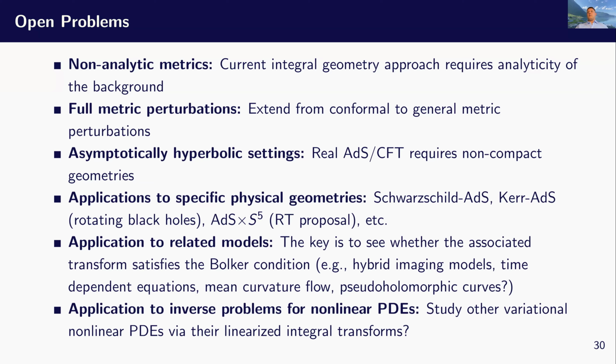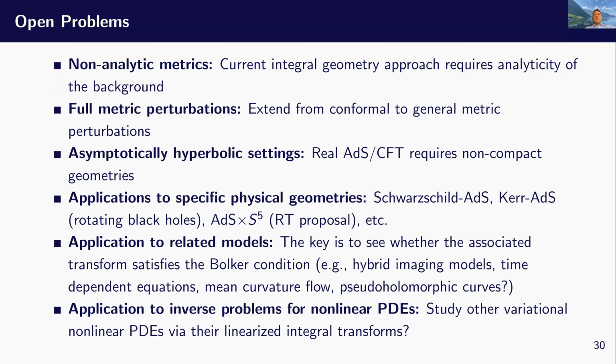So what to do in the asymptotically hyperbolic geometries with this machinery, and also applications to specific physical geometries, such as Schwarzschild AdS, Kerr AdS, those are rotating black holes, and also AdS cross S5, which was in the original Ryu-Takayanagi proposal. That is open, I think. You can try that one.